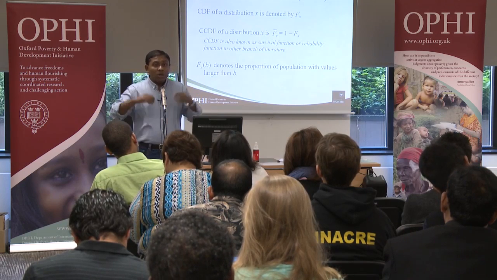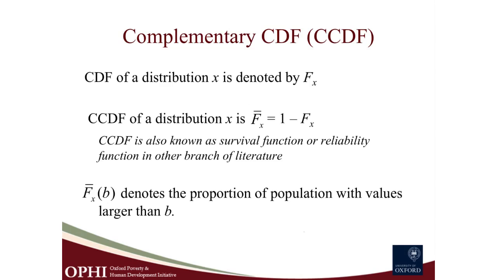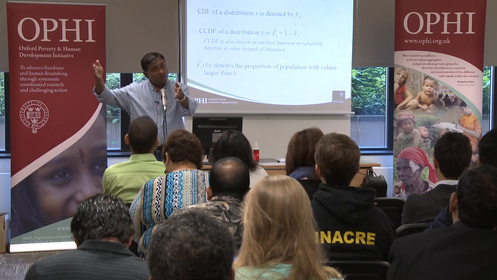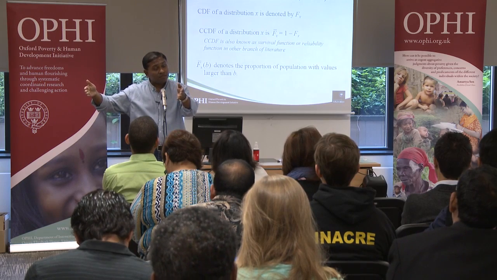Given that subtle difference between income poverty and multidimensional poverty, in income poverty you identify those as poor whose income is less than the poverty line, and in the multidimensional case you identify those as multidimensionally poor whose deprivation score is on or larger than the poverty cutoff.